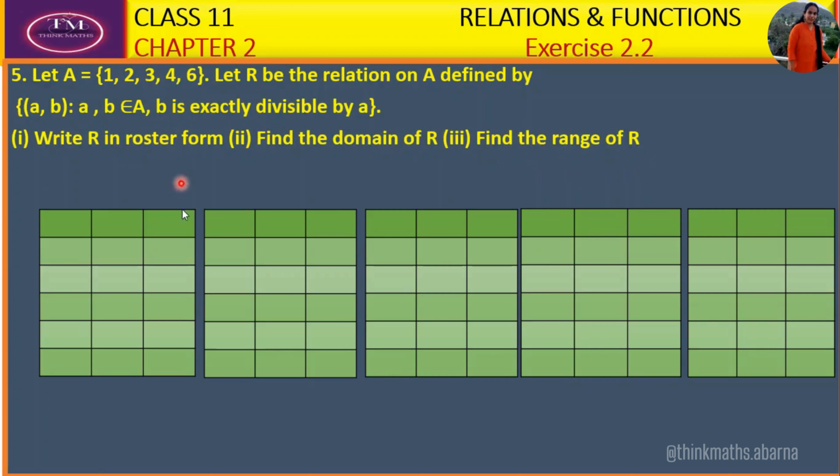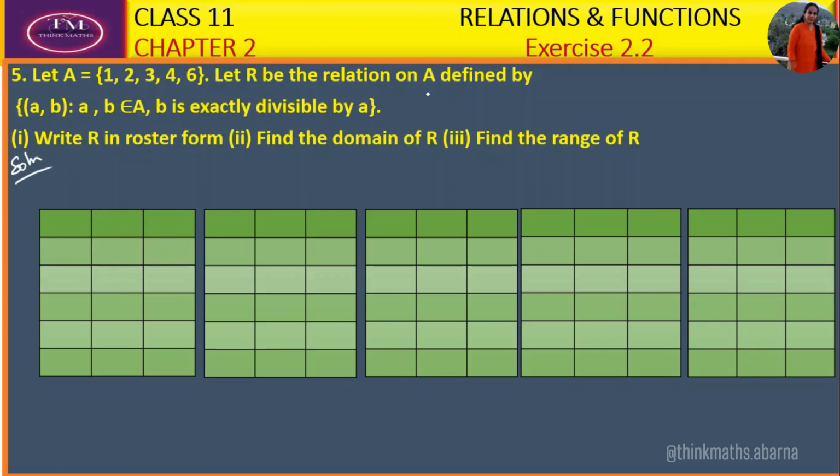So let us find out from the table what are the elements that satisfy this condition. The roster form will be a little big, so not roster form, the Cartesian product will be a little lengthier. So I am directly writing the elements of the Cartesian product in the table. Here, what is given?